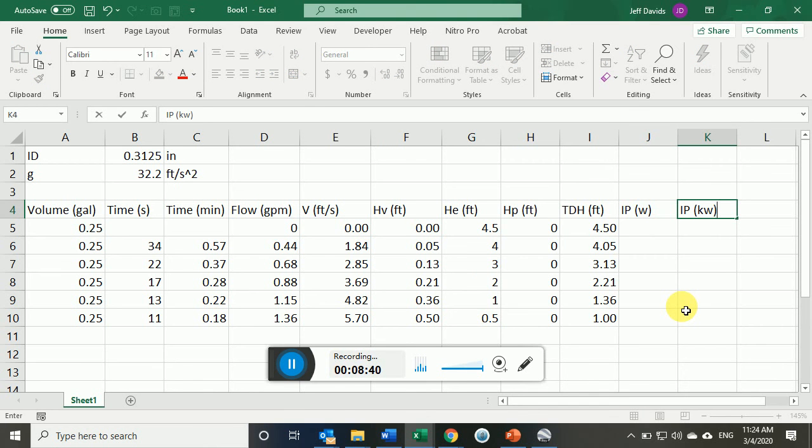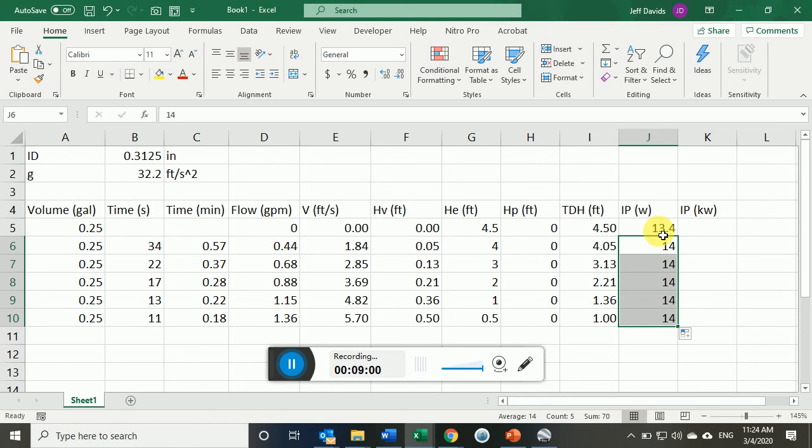What was it in watts? It was 13.6, you said, and then it was 14, pretty much. Is that right, Justin? You were our watt guy.